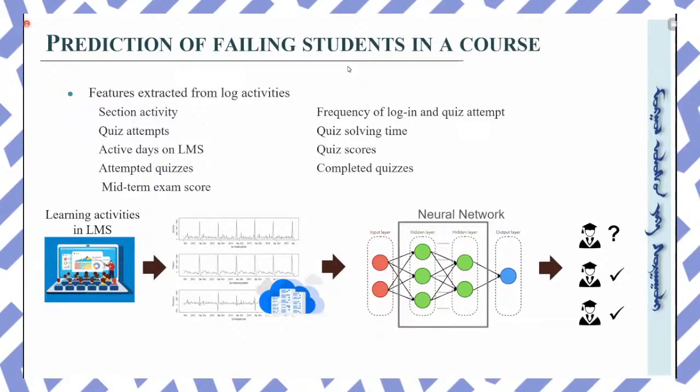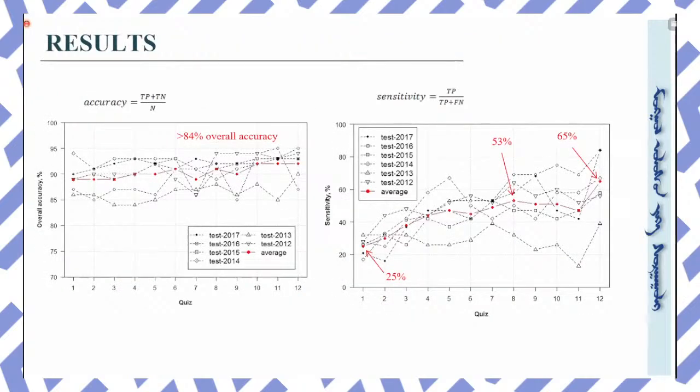Semesters data is used for testing and 5 semesters data used for training, something like that. And this shows the results of the study. We started to predict the performance, whether students will fail or succeed, from the beginning of the semester.